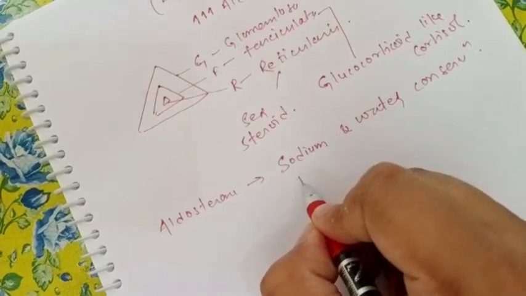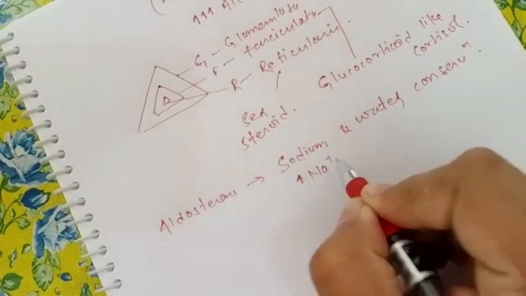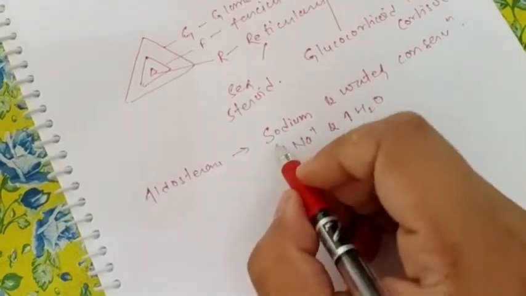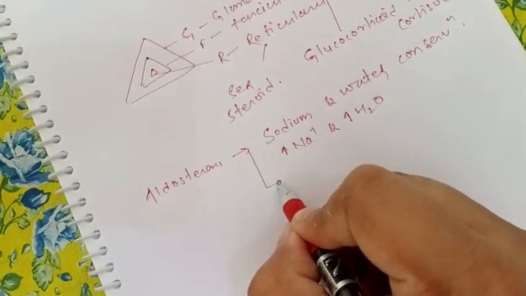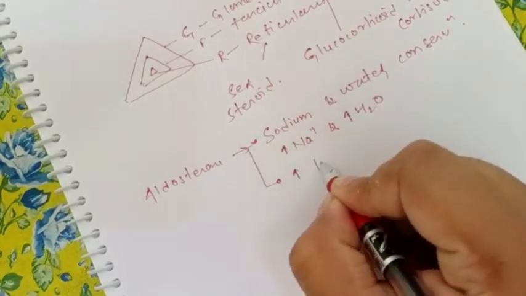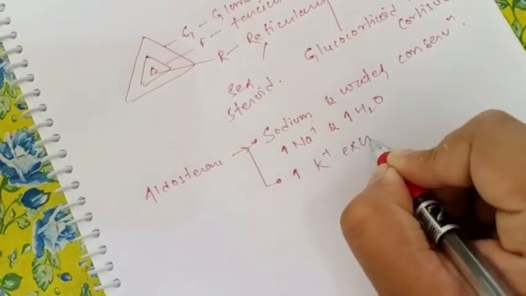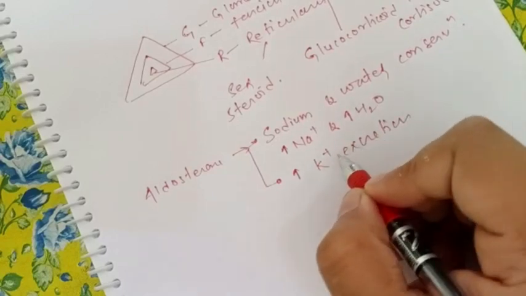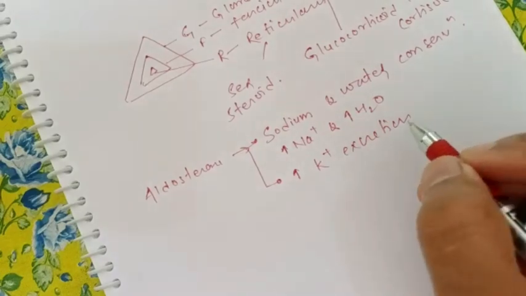It will increase the sodium and the water content in the body, whereas simultaneously another function of aldosterone is to increase the potassium excretion from the body.